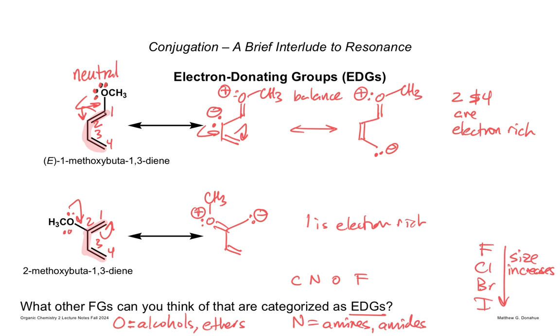The line I would probably draw is right here between F and Cl, Br and I, when the size just gets too big. So those are electron donating groups. Again, pay attention, 2 and 4 positions, and then the 1 position when you're moving that substituent around.